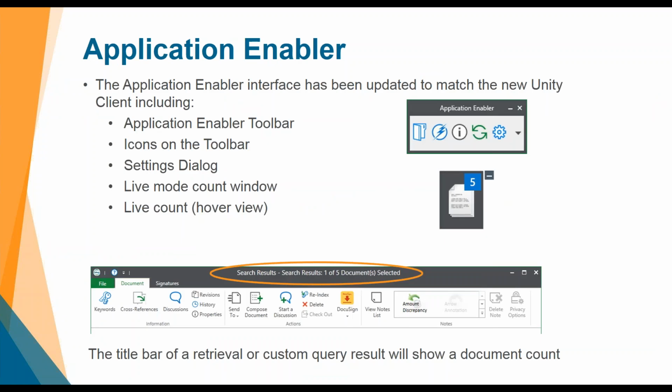Just like all of the modules, App Enabler got an overhaul in its icons also with version 17. As you can see here at the top, the icons all mimic the icons that are present with the regular client.